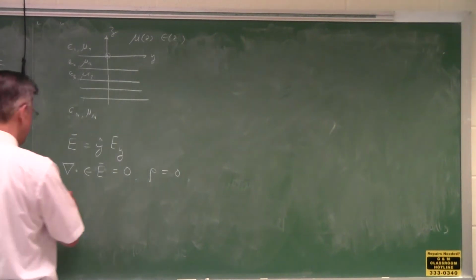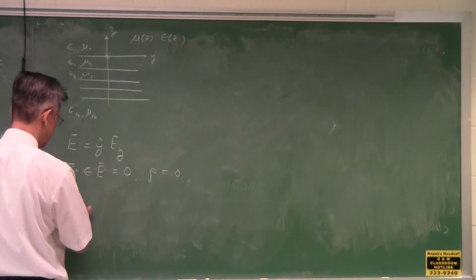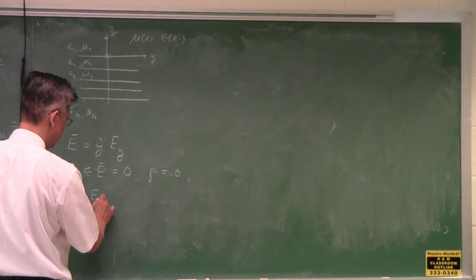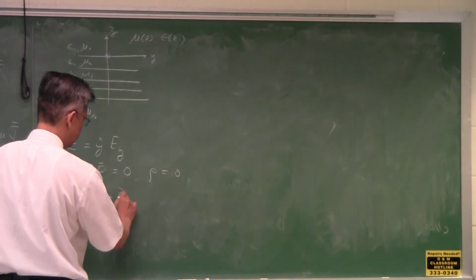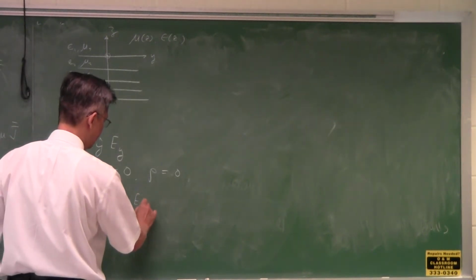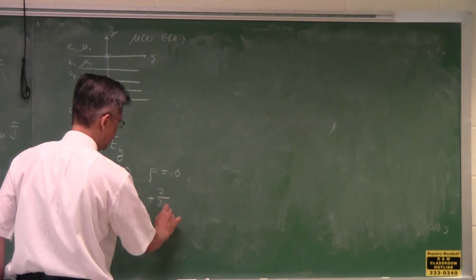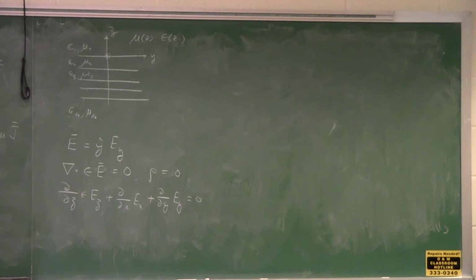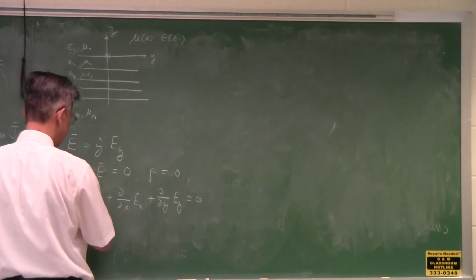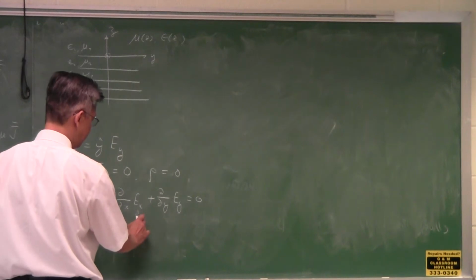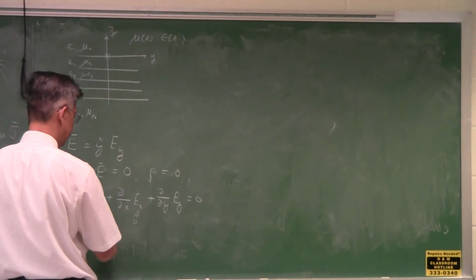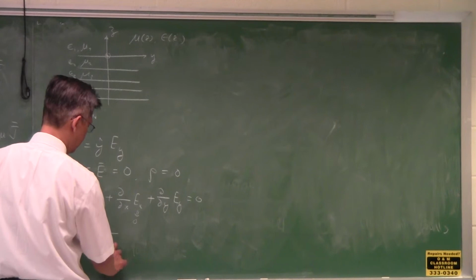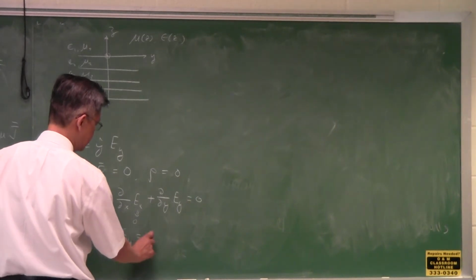This equation tells you that partial z epsilon Ez plus partial x epsilon Ex plus partial y epsilon Ey equals 0. But I only have the y component in this equation, so the other terms must be 0, and I immediately conclude that partial y Ey is equal to 0.